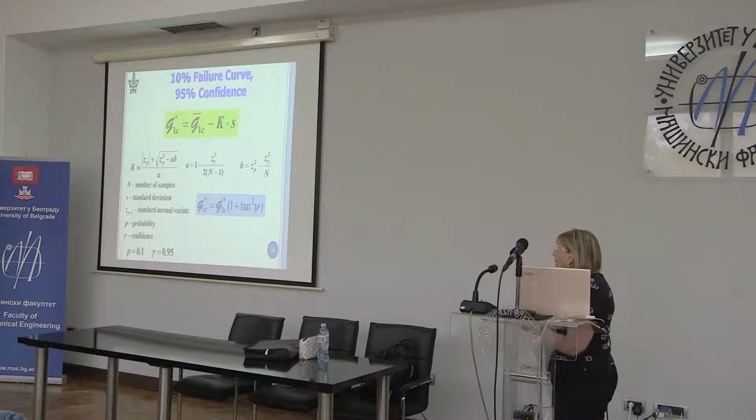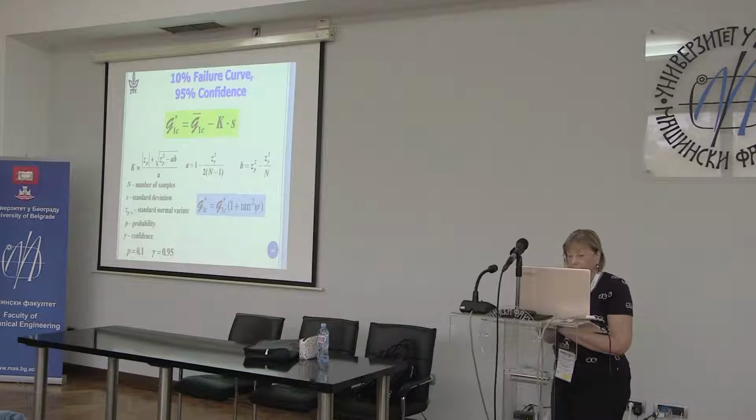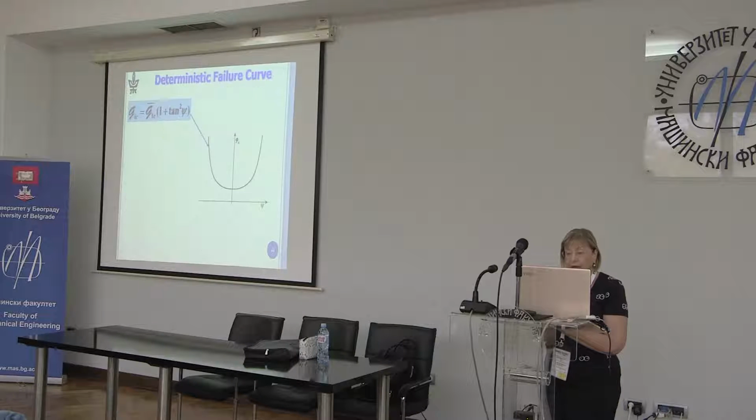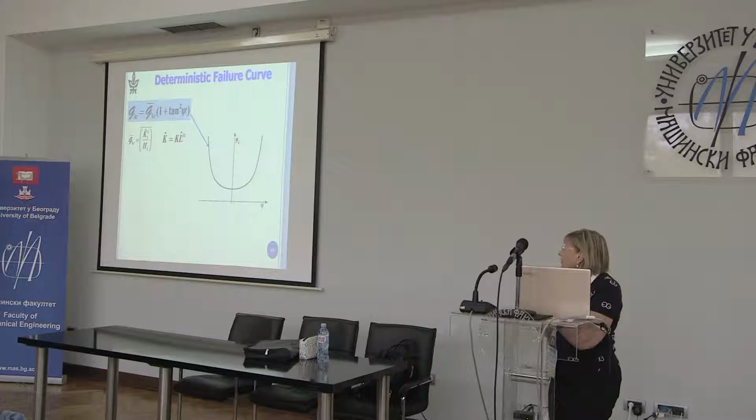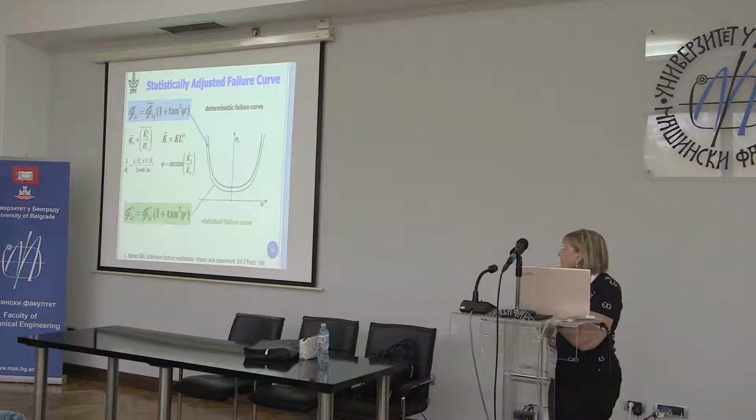And so we then decrease G1C bar by KS, and we obtain a new criterion, which is lower. So this is our deterministic failure curve, and this is our deterministic failure curve when we have lowered G1C bar.